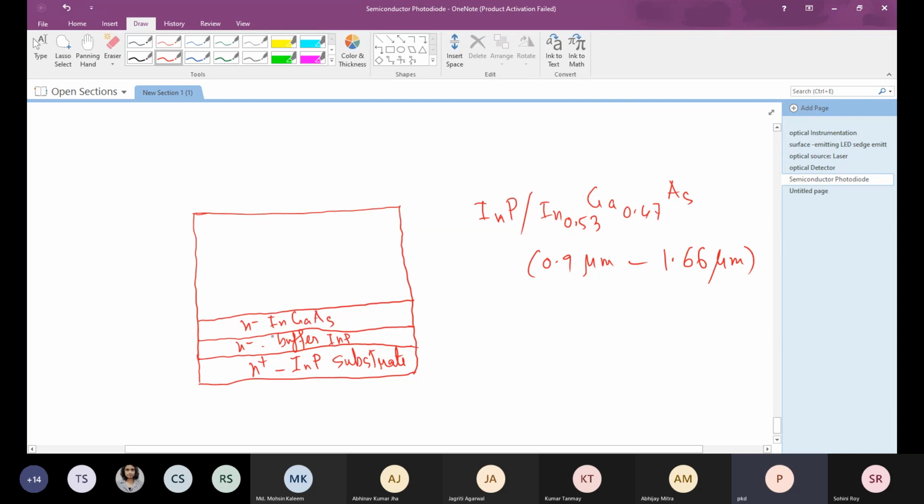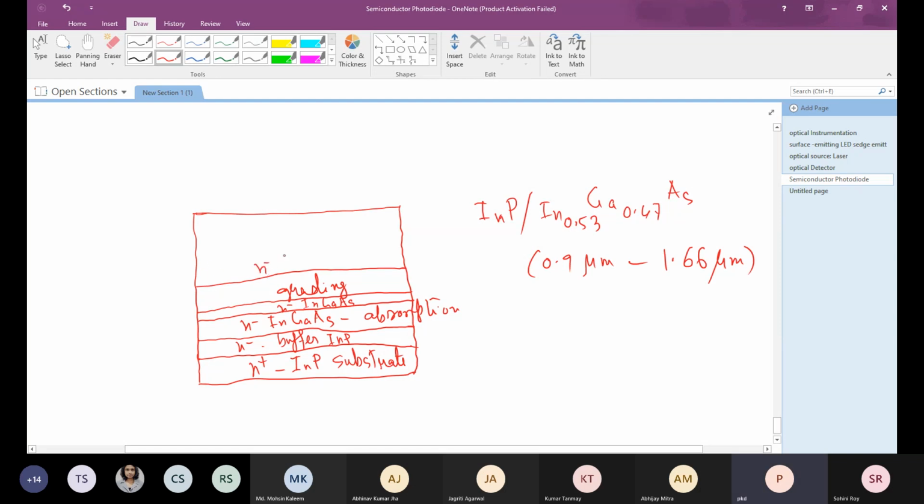N minus means lightly doped. Then there is a grading of this indium gallium arsenide to control the rate of the absorption, and also the band gap energy.